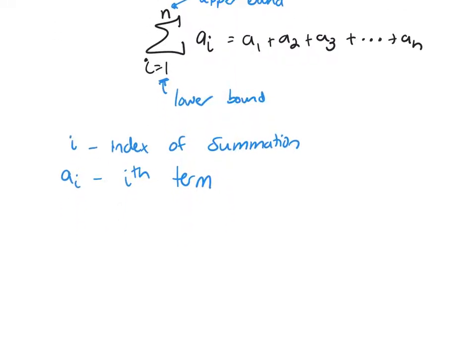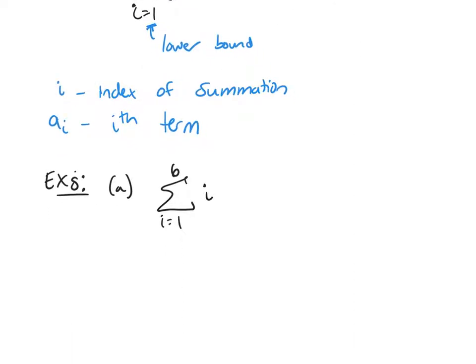So let's look at some examples with summation notation. So the first one, the sum from i equals 1 to 6 of i. So we're going to start off, look at your lower bound as 1. That's your starting value for i. And your upper bound is 6. That's your ending value for i.